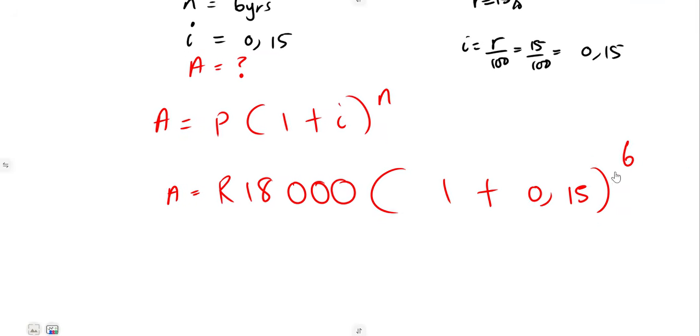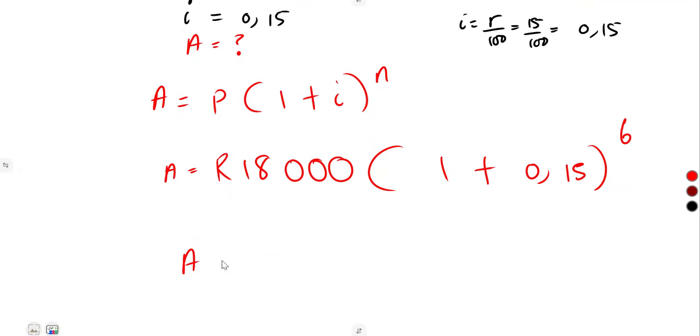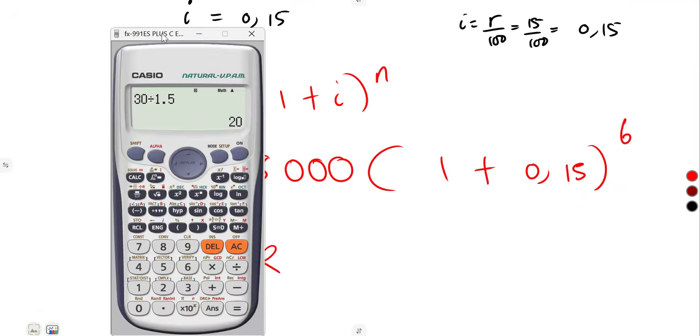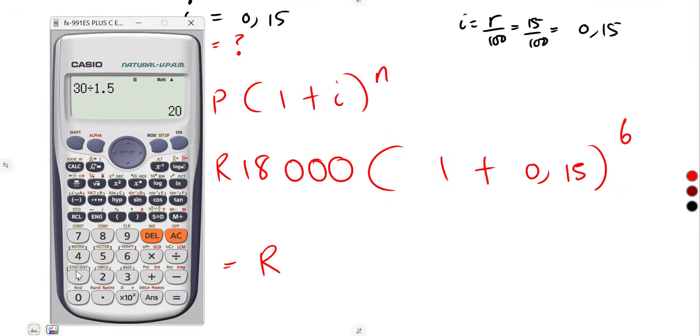So it's all about you and your calculator. We can calculate the accumulated amount or the total amount. 18,000, open bracket, 1 plus 0,15, like this. Then to the exponent of 6, you press this X to the exponent, this one. So you press a 6.